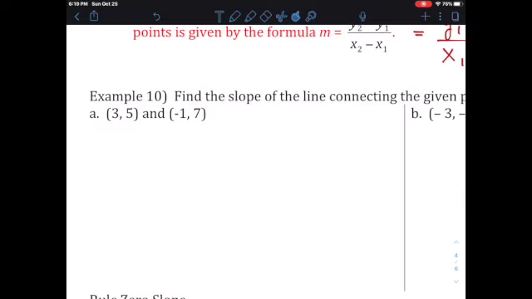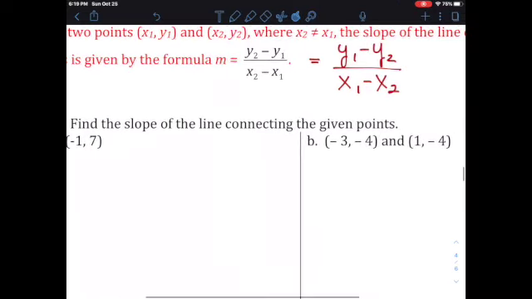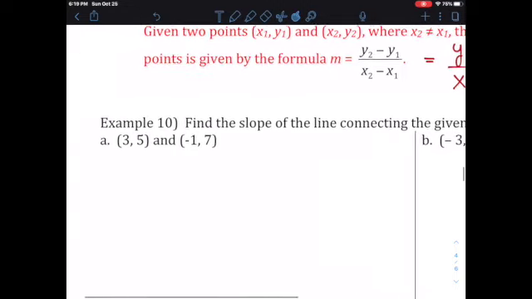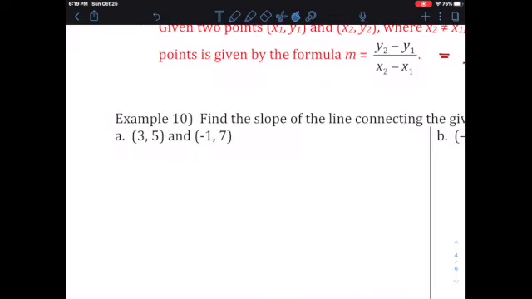Find the slope of the line connecting the given points. This one is x1, this one is y1, this one is x sub 2, this one is y sub 2.